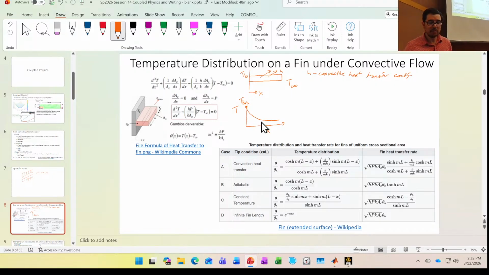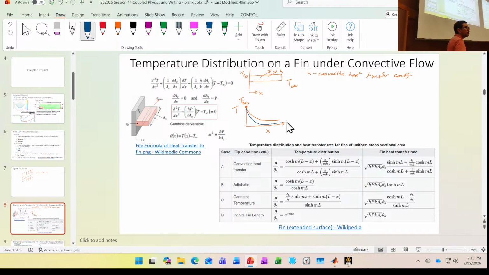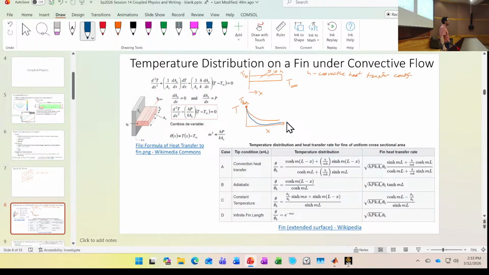What happens to this profile? Yes, so it would do something like this. Maybe it ends up at the same place, it depends, but it's going to come down steeper. Why is that? Because you've got more air flowing by faster.